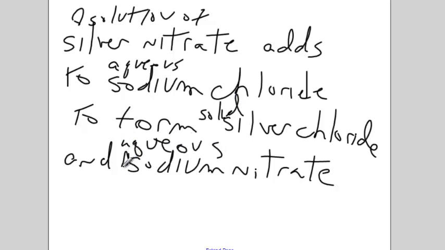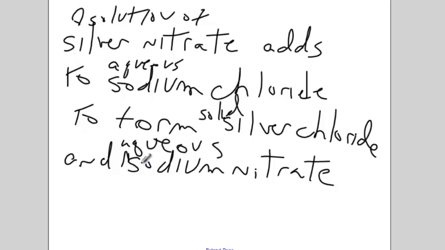In general, when things react together, they are usually solutions. That is, it's not the solid anymore, it's the solid dissolved in water. Now be careful. A solution, an aqueous solution, is not the same as a liquid. This says a solution of silver nitrate. It doesn't mean I melted the silver nitrate. It means I took the solid silver nitrate and I dissolved it in water.